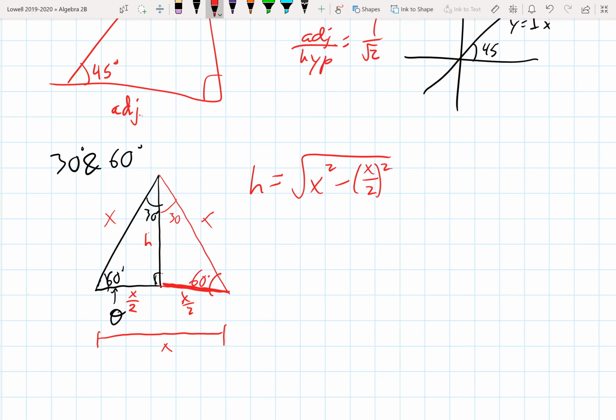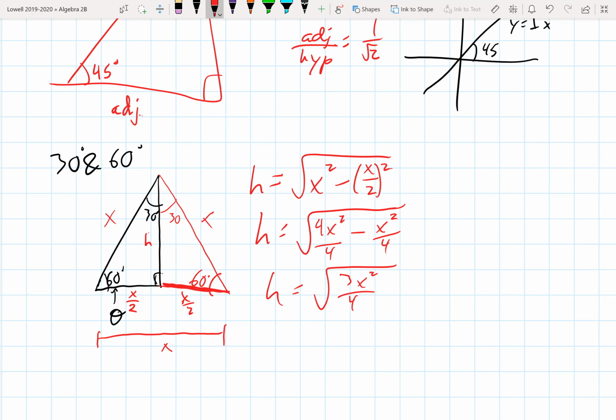Let's work this out. So h will equal the square root of x squared minus x squared over 4. I'm going to combine these like terms by getting a common denominator. So this will be 4x squared over 4. So h would be equal to the square root of 3x squared over 4.